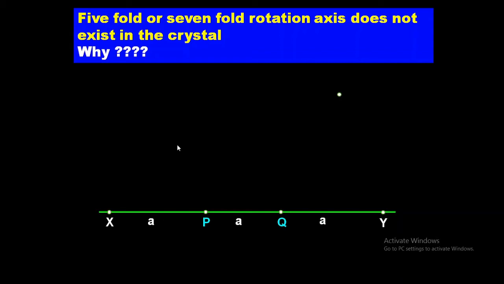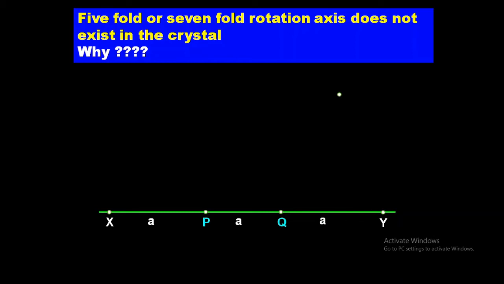So a is nothing but the translation vector. When we translate the lattice point x to p, a is the translation vector. When we translate p to q, a is the translation vector. When we translate q to y, a is the translation vector.